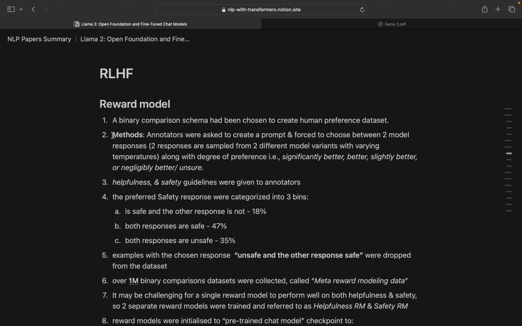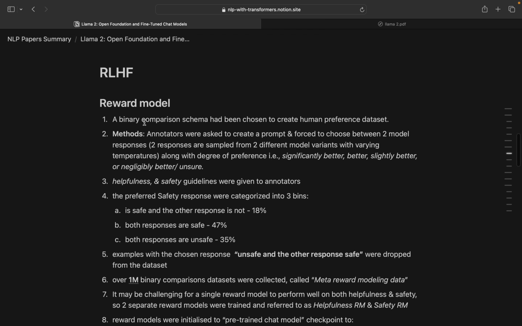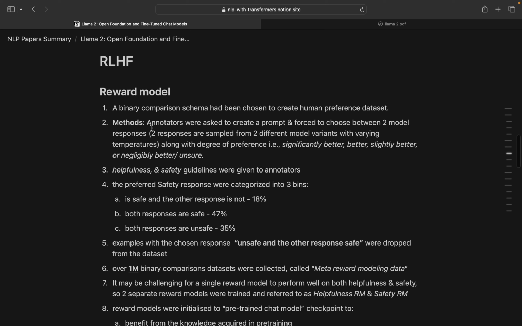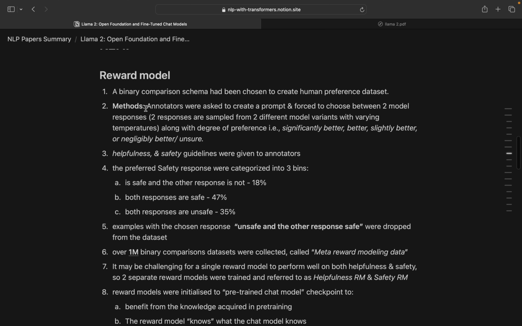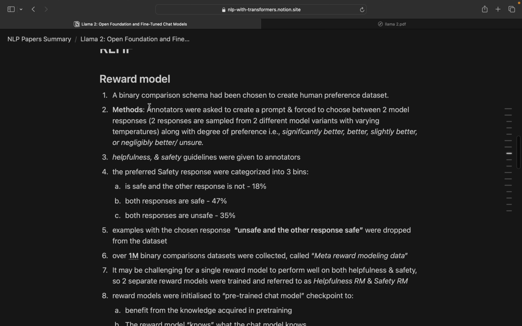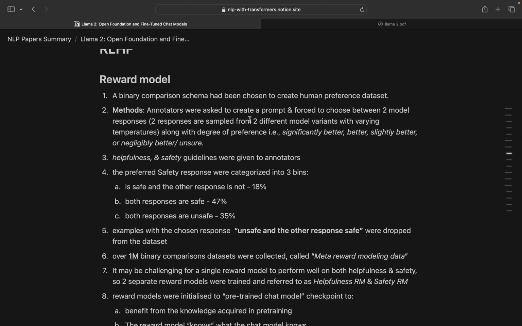There are several other schemas as well where you can create multiple answers, and on top of that you can do permutations and combinations, which OpenAI did long back. But coming back to Meta, they used the binary comparison schema, and they also gave a set of rules for the annotators on how to annotate the data.